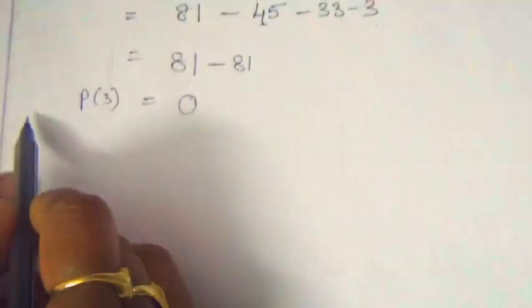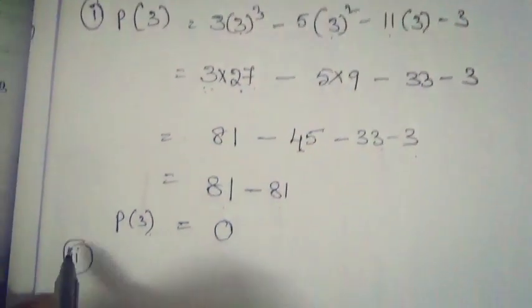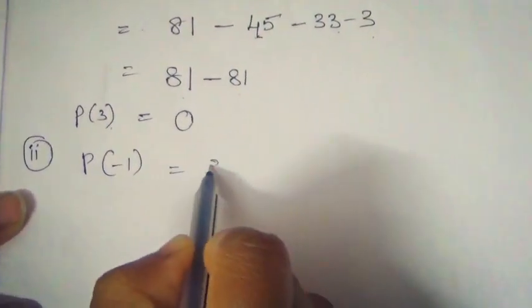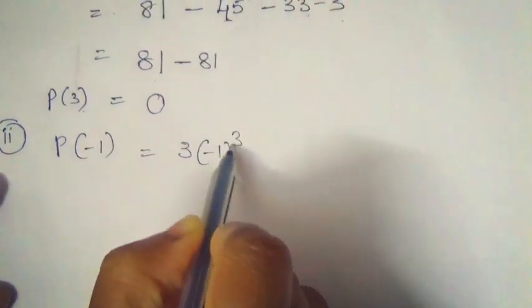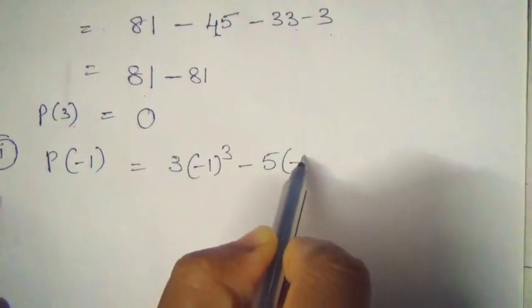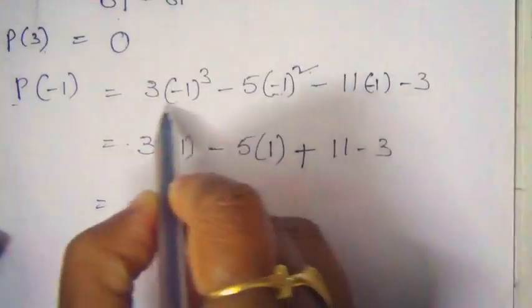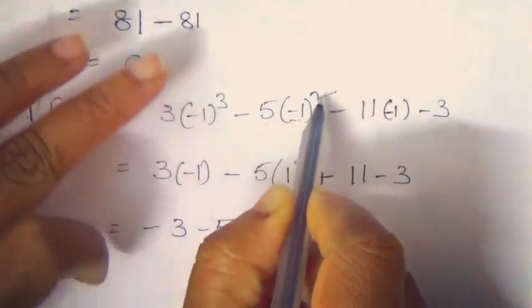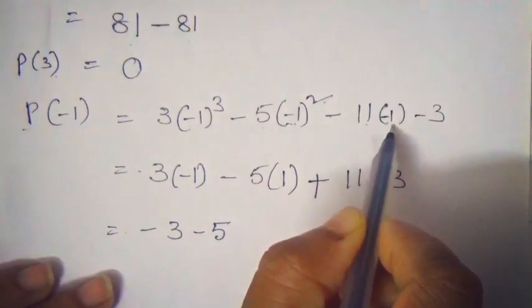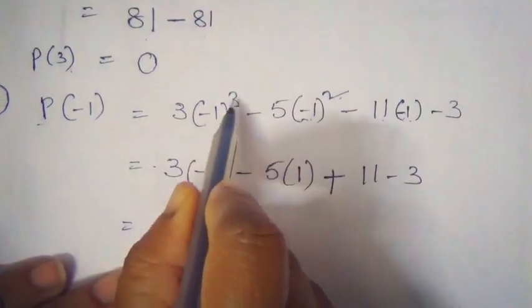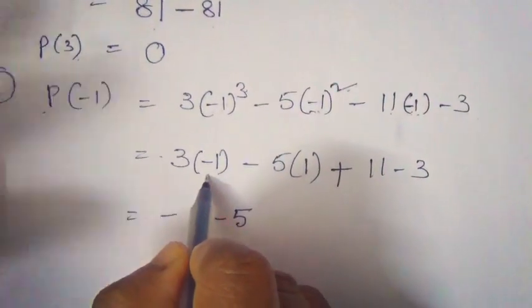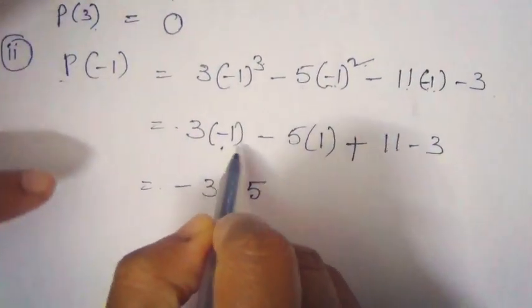So 3 is a zero of the given polynomial. Hence I want to check the second number, that is p of minus 1. That is equal to 3 of minus 1 whole cube minus 5 of minus 1 whole square minus 11 of minus 1 minus 3. The power is an odd number, hence we have minus as usual, so minus 1.